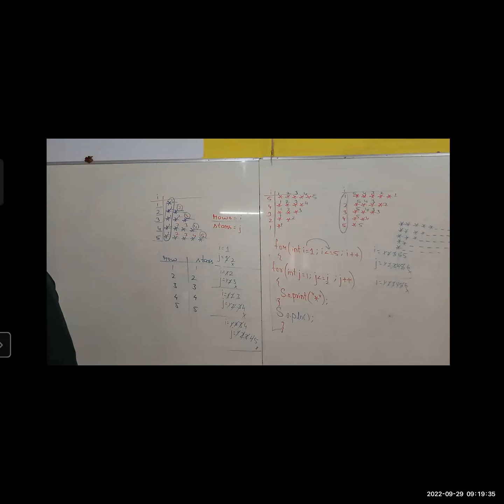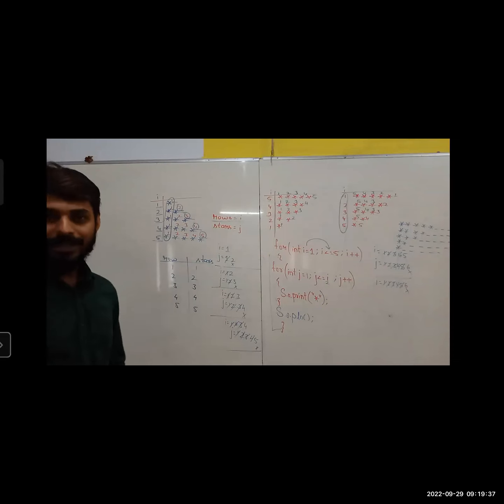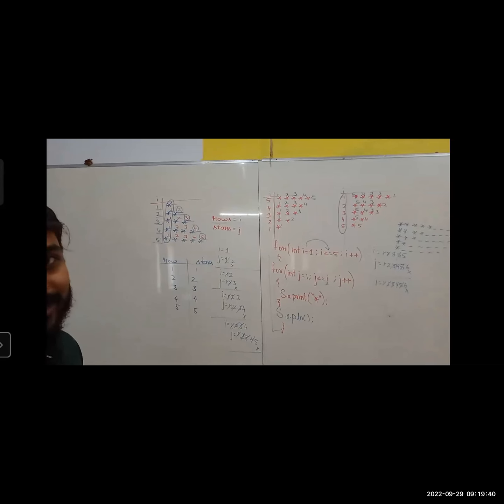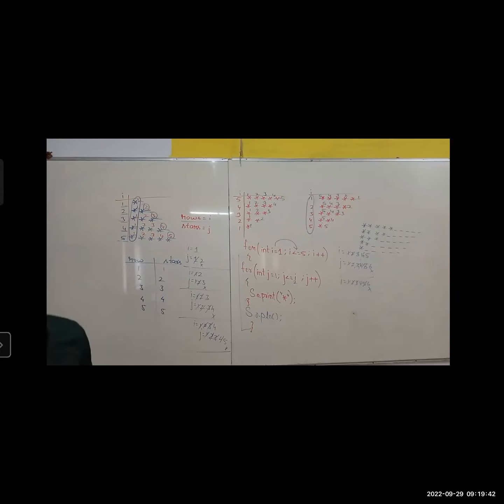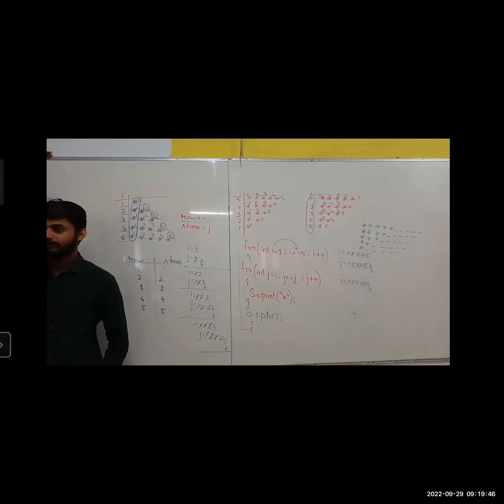Sir, exactly, we cannot see the number of spaces, sir. I can see that. You are not able to see that. Visible. Now you should be able to. Yes, sir. Yes, sir, it's equal in every case.